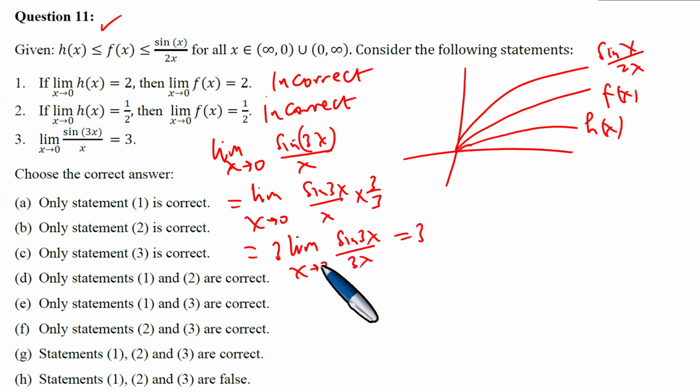And this limit here is 1, times 3, which becomes 3. So indeed, this limit is 3 there. You have exactly this part here as a matter of fact.